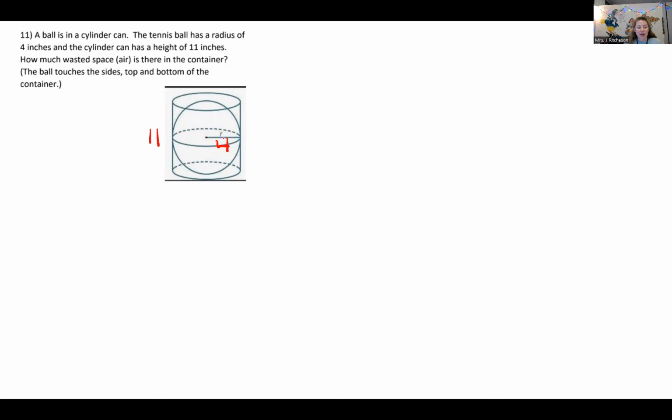All right, so that means our cylinder and our ball have the same diameter, which wouldn't make sense if the radius is 4. This is a bad question. Anyway, if this touches each side, this should be 8. The height of the can should be 8.